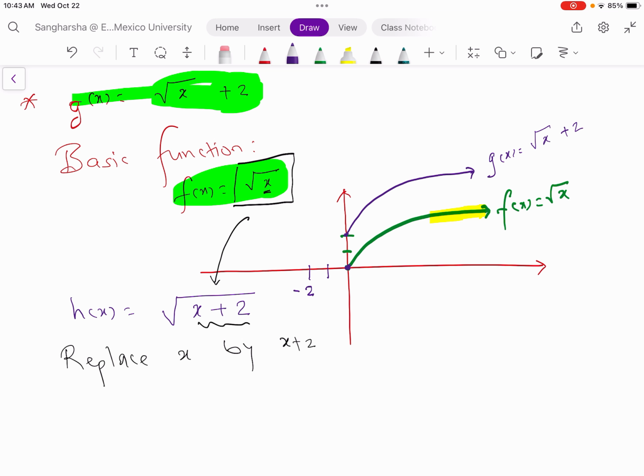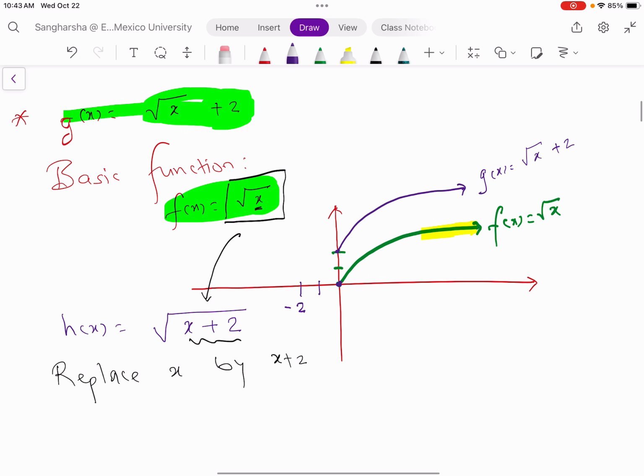If you want a pretty accurate graph, you can find the y-intercept of this function. Finding the y-intercept means we replace x by 0 and we get the square root of 2, which is 1 point something. So you draw a very similar graph at -2.